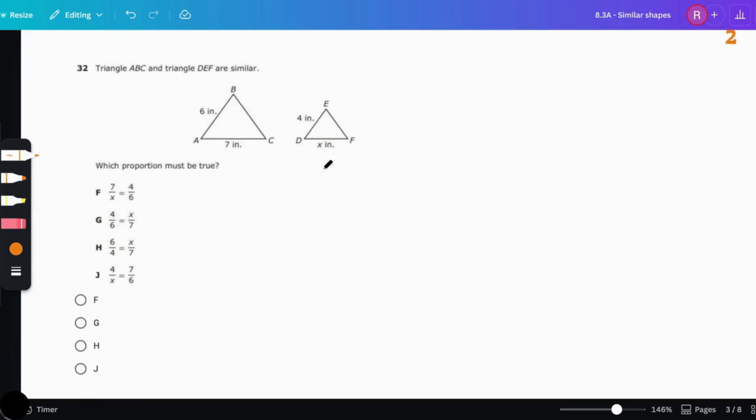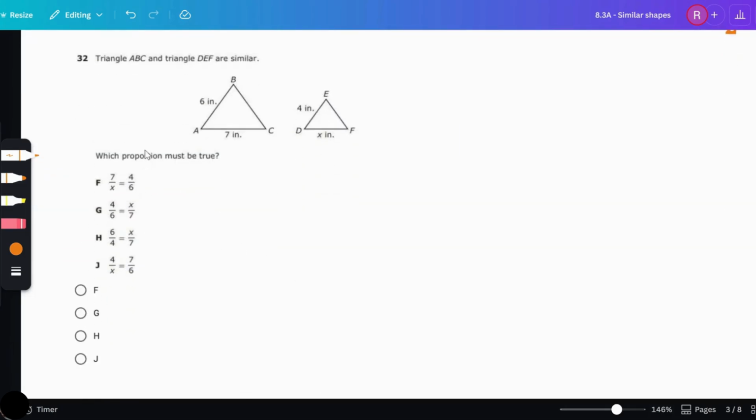So now let's look at the next one. Triangle ABC and triangle DEF are similar. So that means A is equal to D, B equal to E, and C equals F. And now AB is 6, DE is 4. BC is not given. Okay, let's do it this way.